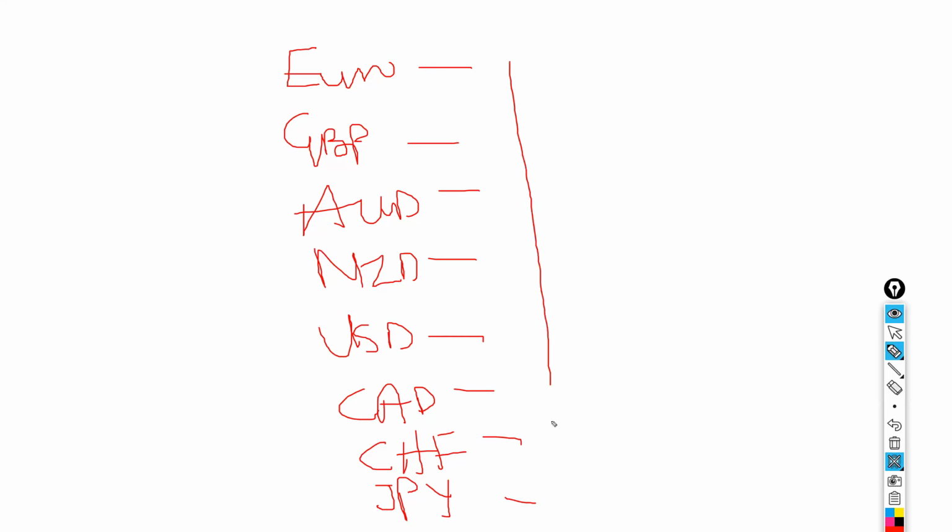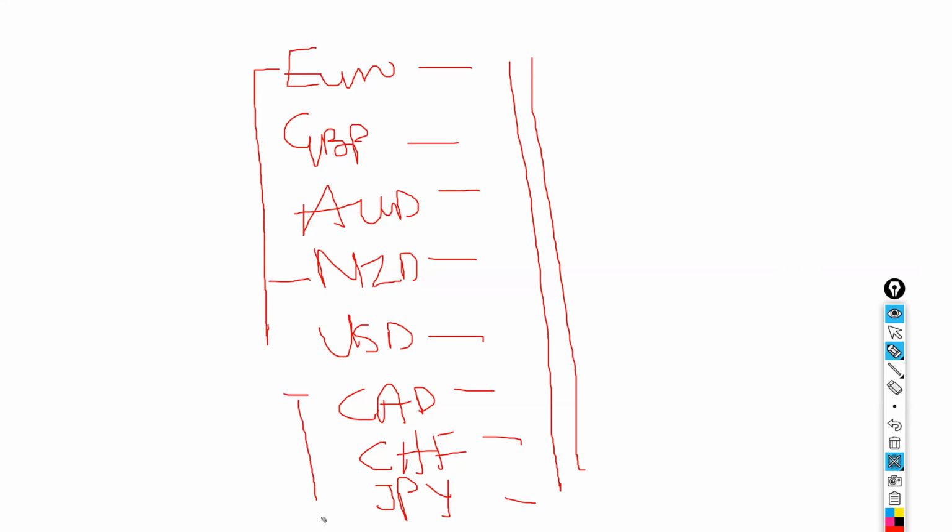All these currencies right now are the major currencies. They are the countries with the highest-ranking economies in the world. So whenever all these currencies are paired against the USD dollar, let's say, for example, we have the USD against the euro, it's regarded as major.